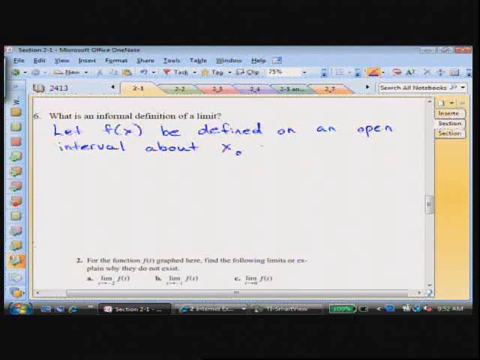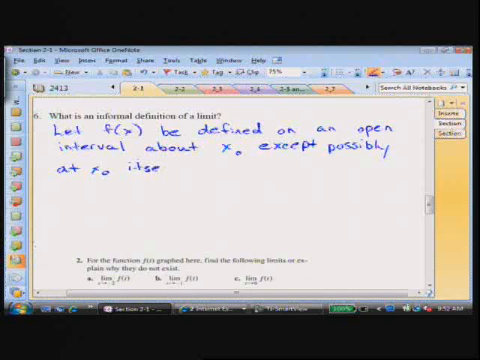And just to be more confusing, we're going to say except possibly at x naught itself. What we're saying there is, if the function is not defined at exactly x naught, but it is everywhere else, we can still say what the limit is. We're just adding a little bit of complication there.